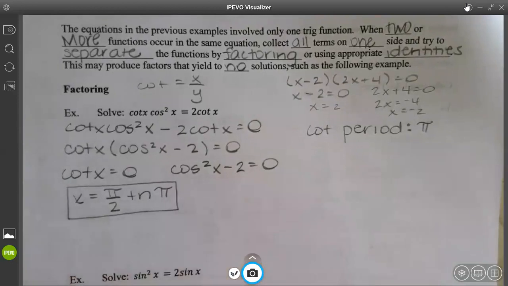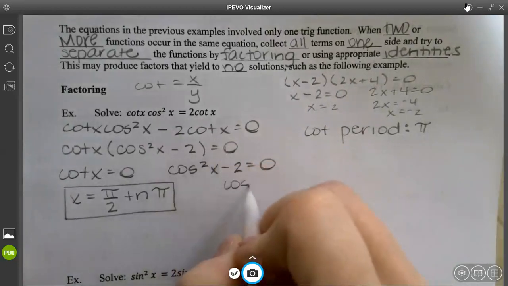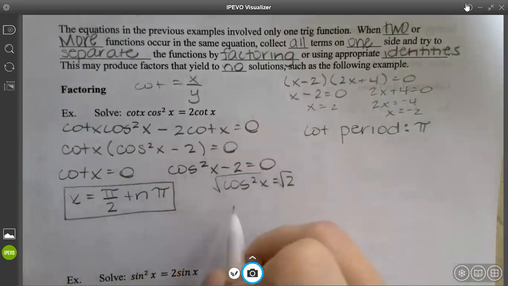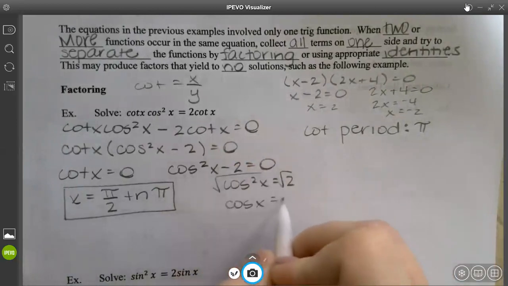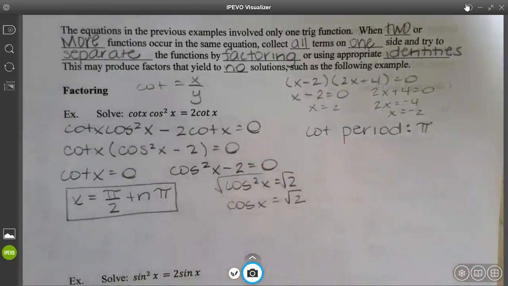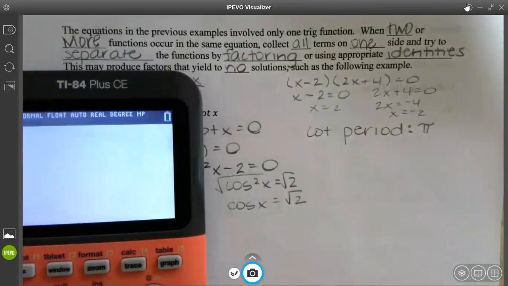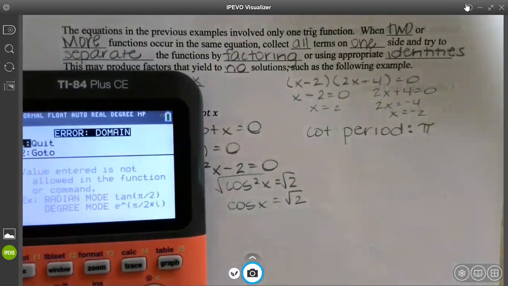Well, what about this? We would add the 2 and then square root it, right? Okay, so let's check that out. Cosine squared x equals 2, square root it. How do I solve that? What did I get?